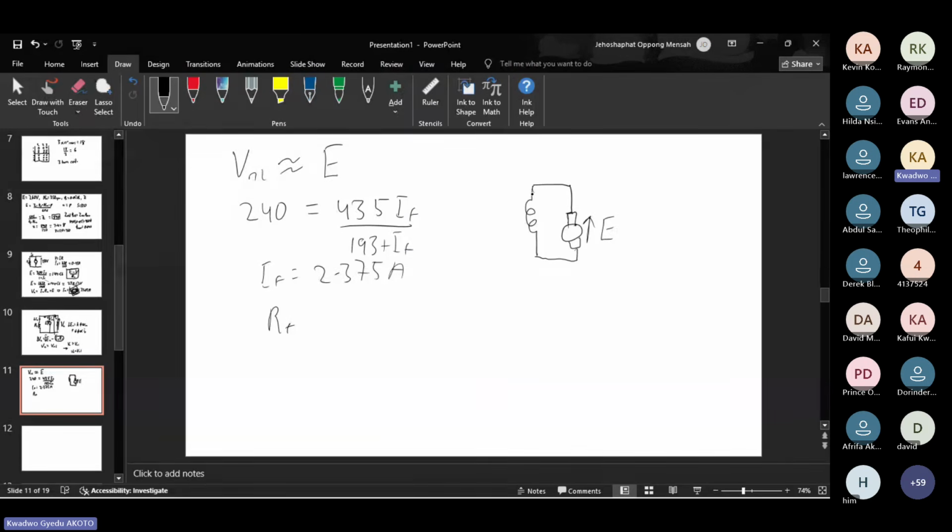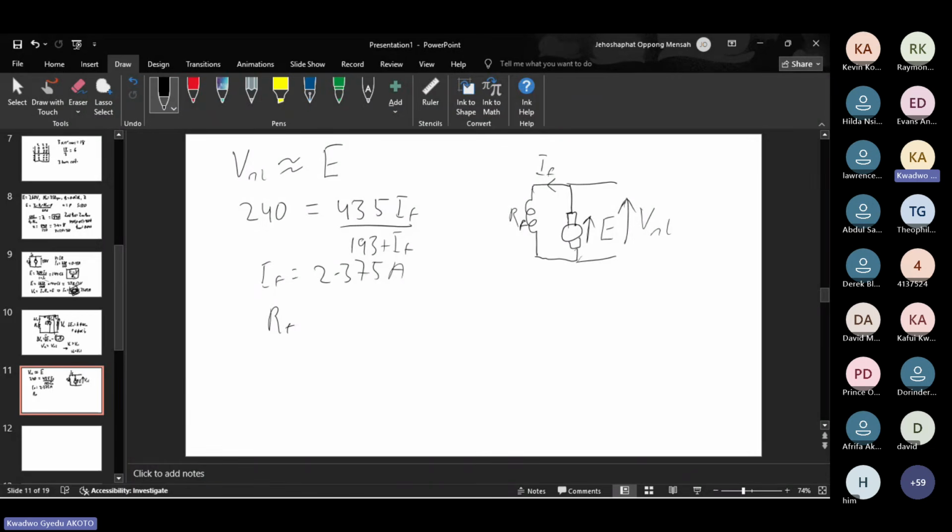So we have our E here, we have our V no load here, and we have our RF here, right? And we have here IF. So our IF at no load times our RF will give us the same V no load because they are in parallel.